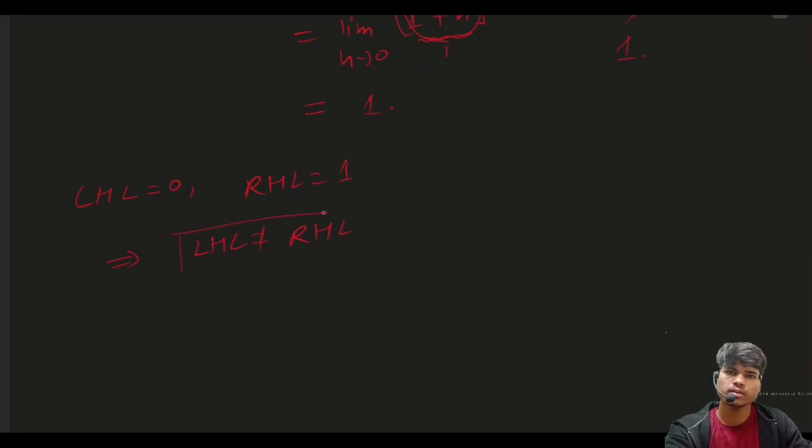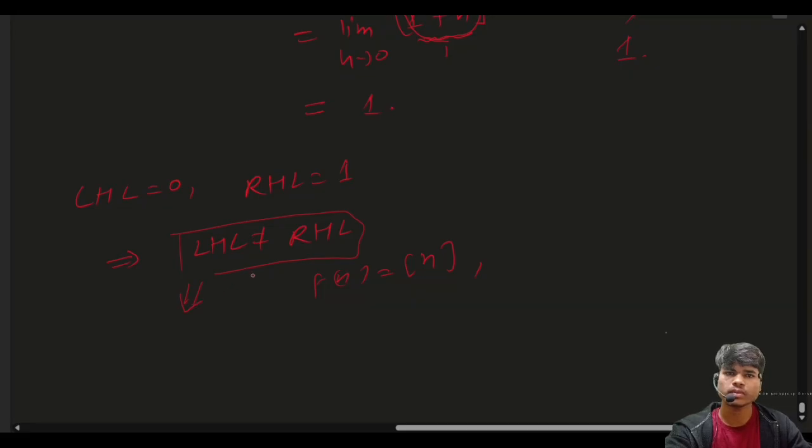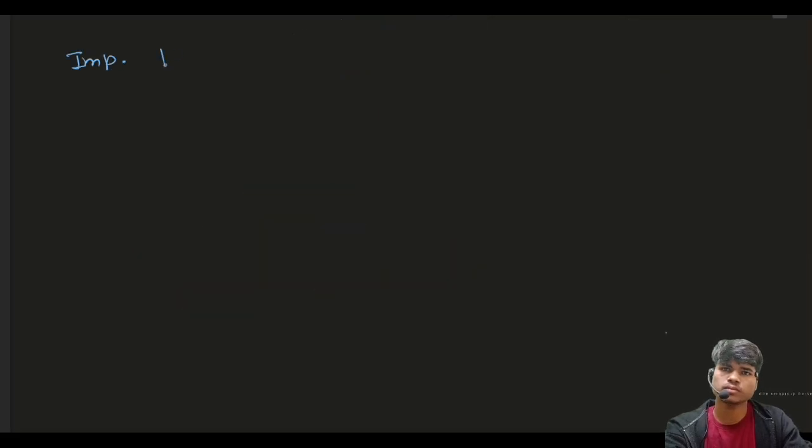So here the limit of the function does not exist. If RHL is not equal to LHL, then we can say that the limit of the function does not exist. Important points.